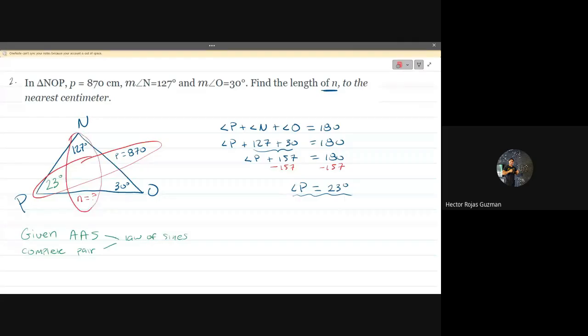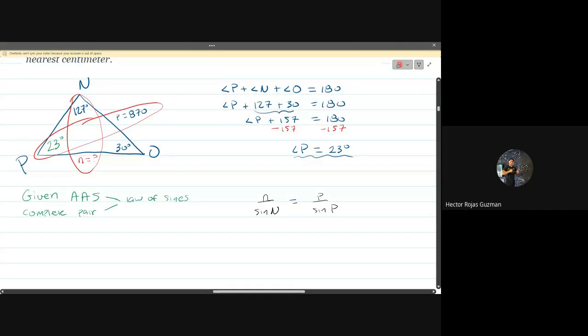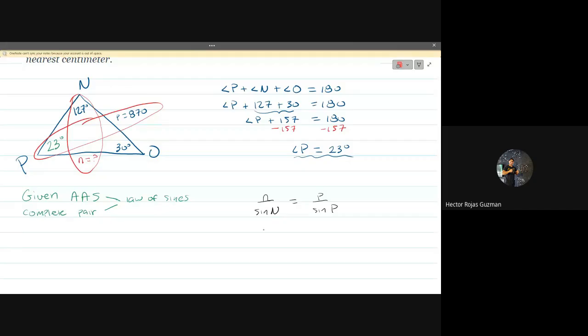We have n over sine of n equals p over sine of p. Plug in your numbers. N over sine of 127 equals 870 divided by sine of 23.